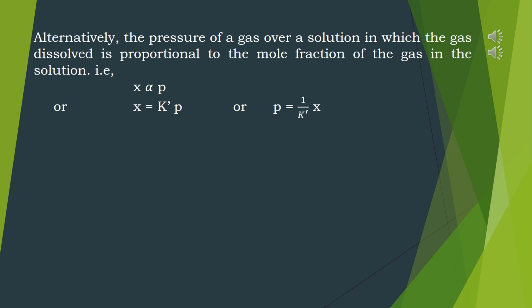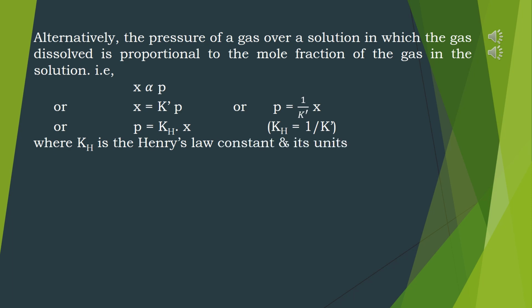From here, P = KH x, where KH is 1/K', and KH is the Henry's law constant, and its units will be atmosphere or bar, the same as that of pressure.